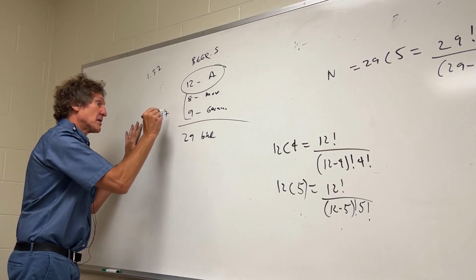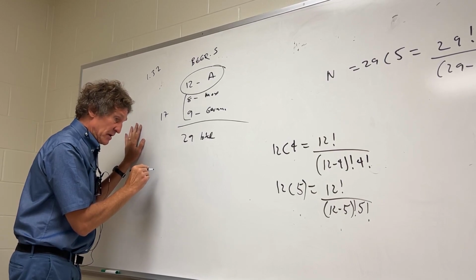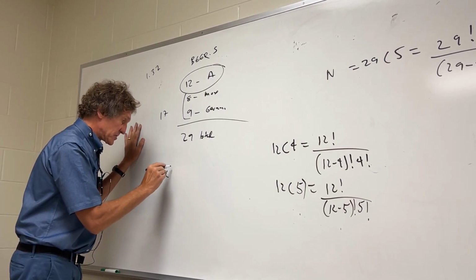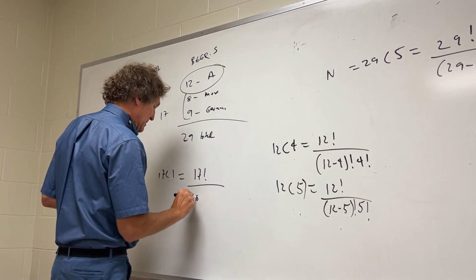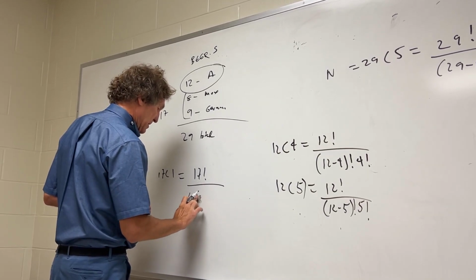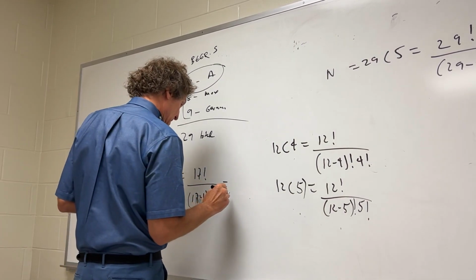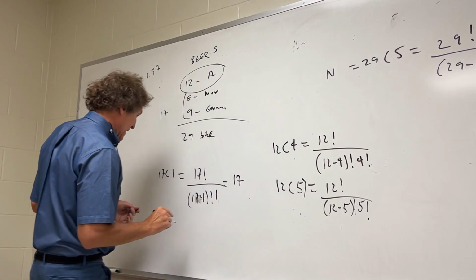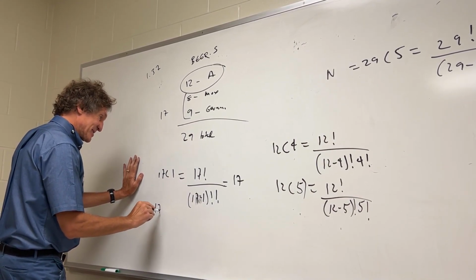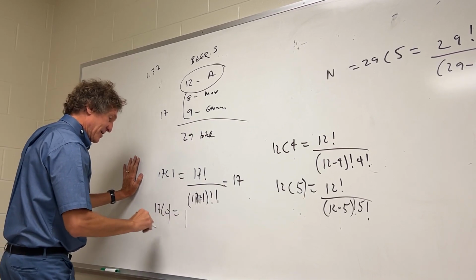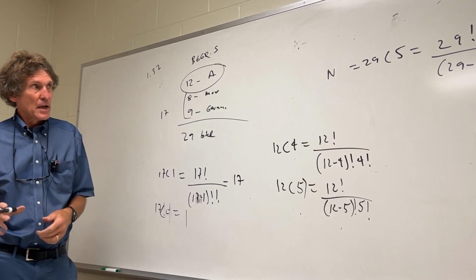So 17 total here, and we need 17 choose 1. That's 17 combination 1, which is 17 factorial over (17 minus 1) factorial, or really just 17. And then for the 5 case, you have to do 17 combination 0, but that's just 1. If we have combination, 0 is just 1.